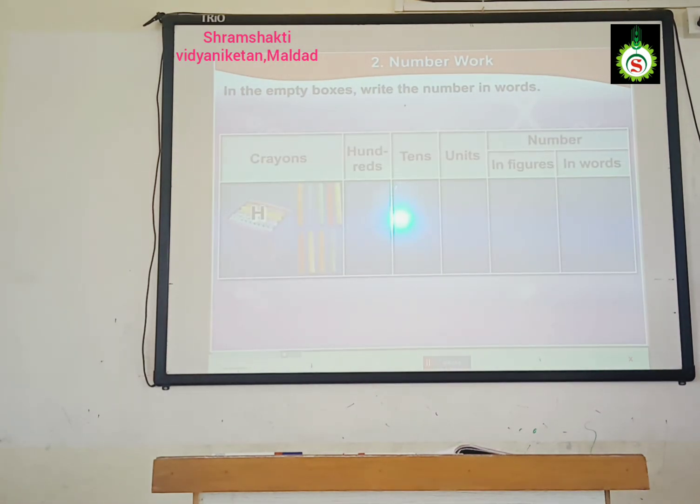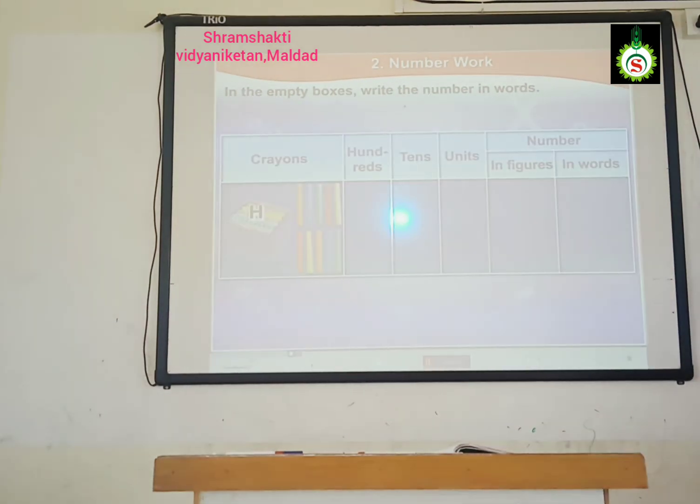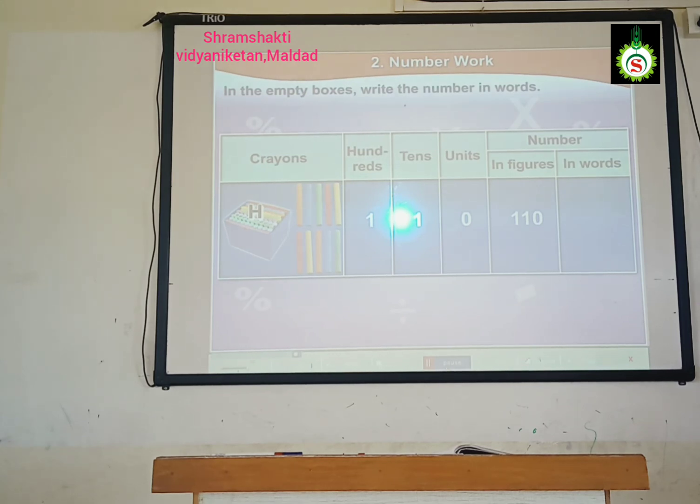Now the next picture, it has a box of 100 crayons and 9 more crayons. So, it is 100, 0 tens, 9 units. In figures, it is 109. Now the last picture, a box of 100 crayons and 10 crayons, which means it is 100, 1 ten, 0 units. In figures it is 110.